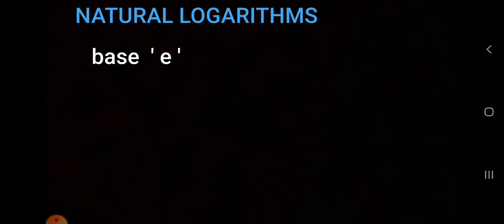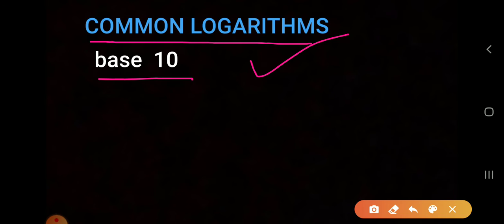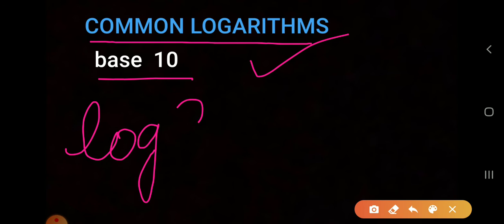So what about the second one? The second one is also very important. Base 10 is known as the common logarithm. We can write it like this: log x to the base 10.